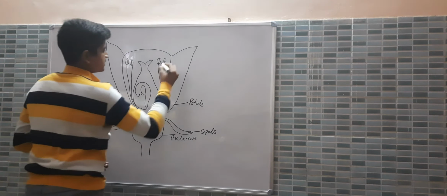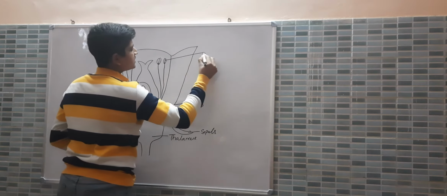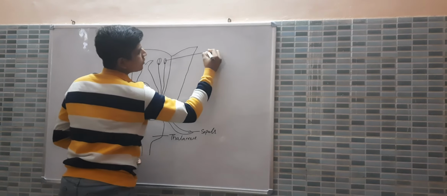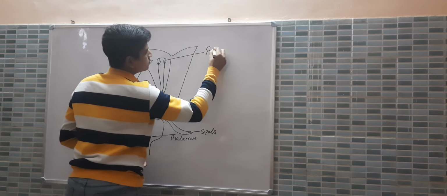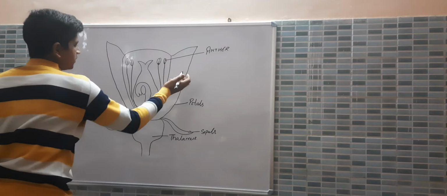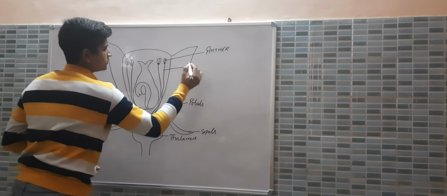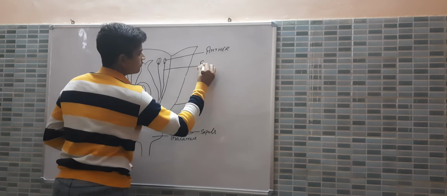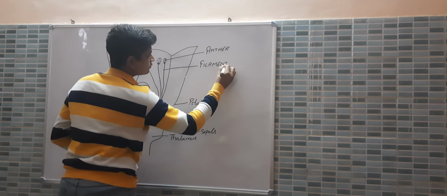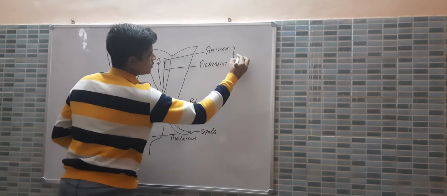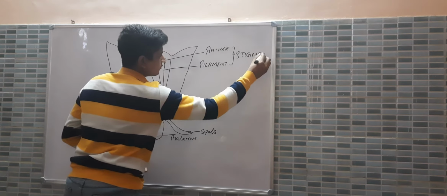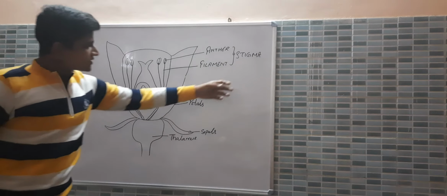Now, what are these? This structure is called anther. Then it is filament. Together, they both are called stamen.